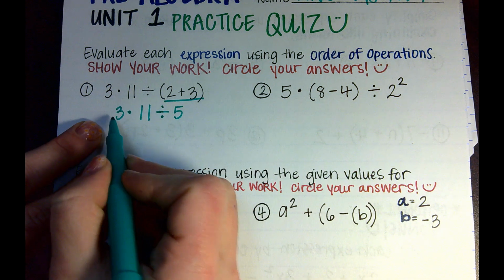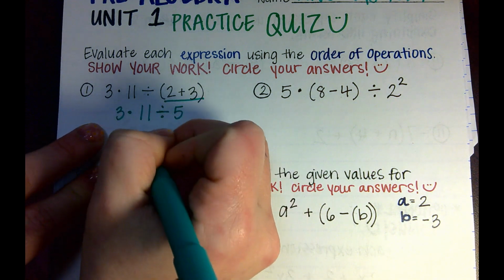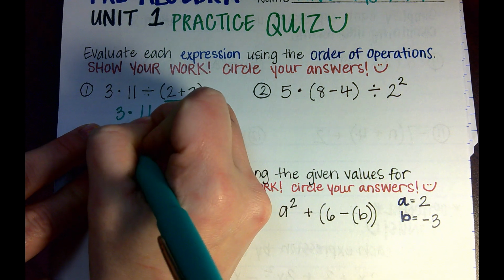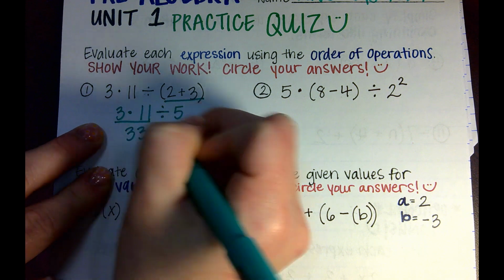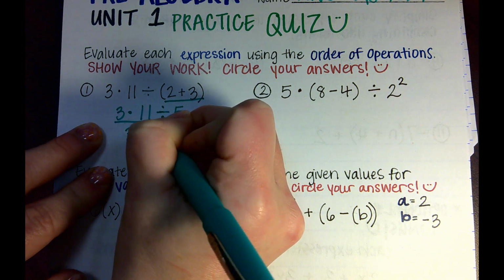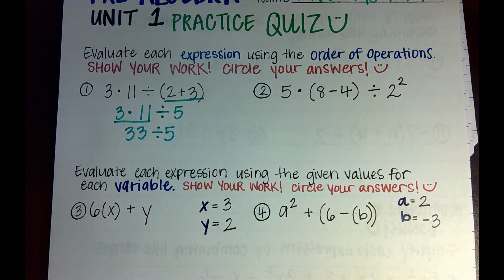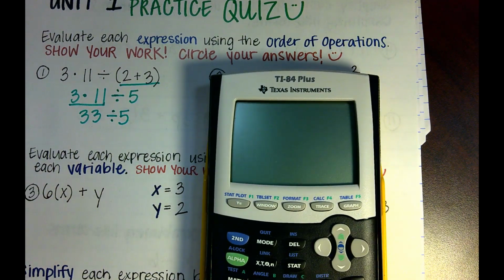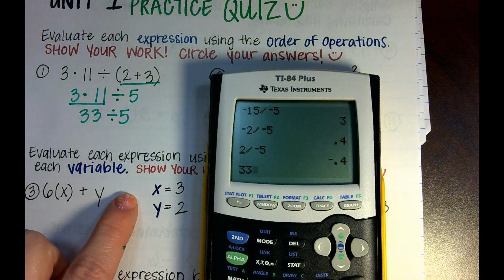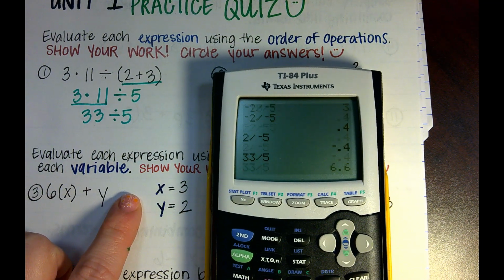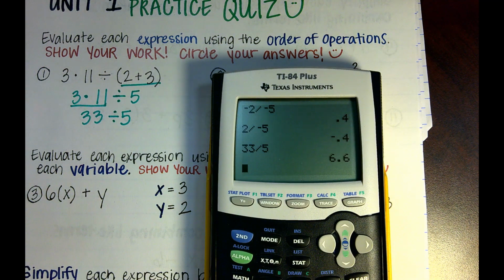Perfect. So I'm going to do 3 times 11 first, and that will give me 33, divided by 5. Let's see. So then I would type 33 divided by 5, and we get 6.6.